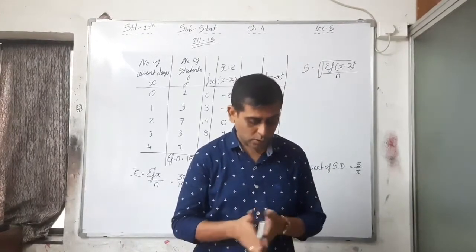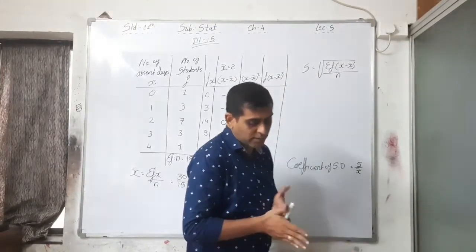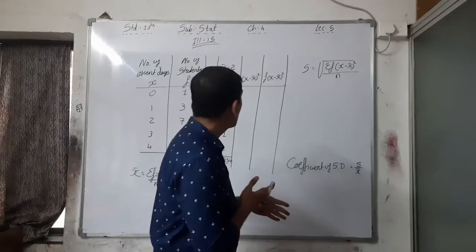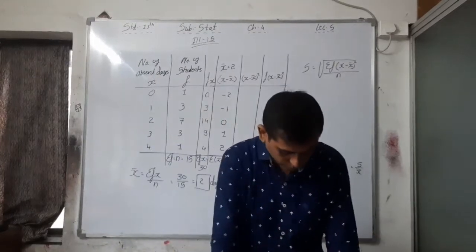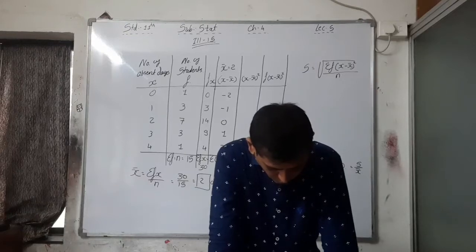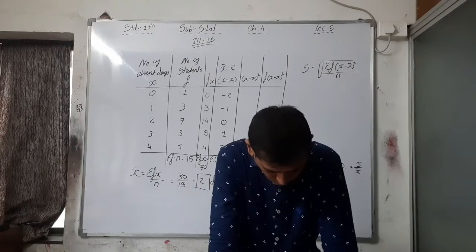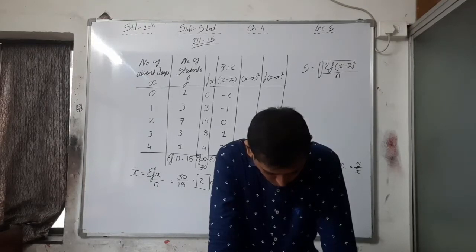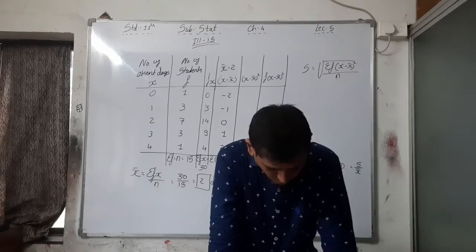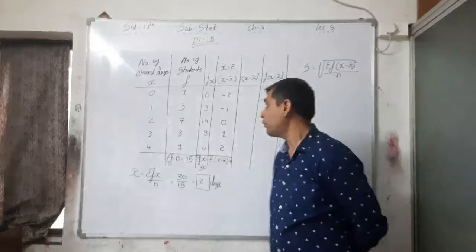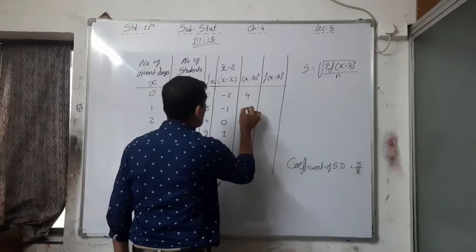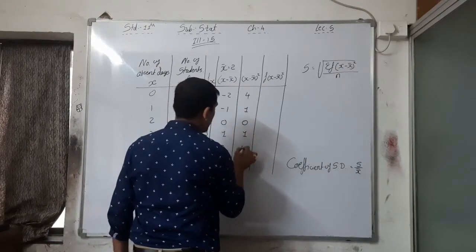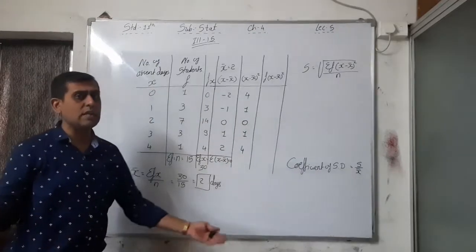Okay. So here (x minus x bar) whole square and then f into (x minus x bar) whole square. Do it by yourself. What is the answer? Here 2 square, that is 4, then 1, then 0, then again 1, then 4. Don't make the total of these because we didn't need that.